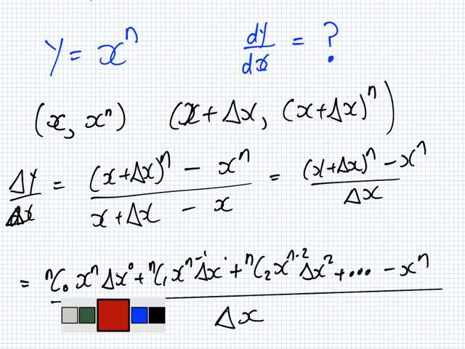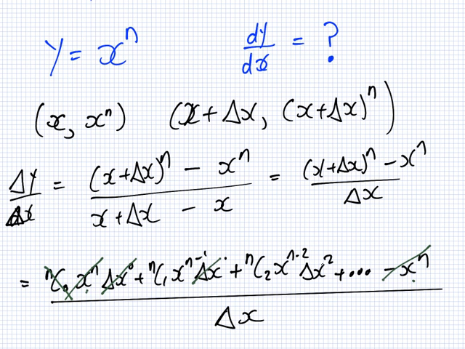Have a look at this. What's nC0? 1, so that's gone. What's delta x^0? 1. So here you're left with x^n. x^n minus x^n? 0. So this cancels this. And then if you look here, what's in common to all of these that's also on the bottom? Delta x, so we can cancel delta x. So that's gone.